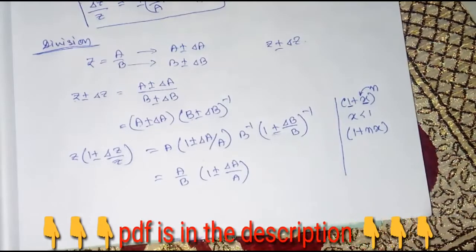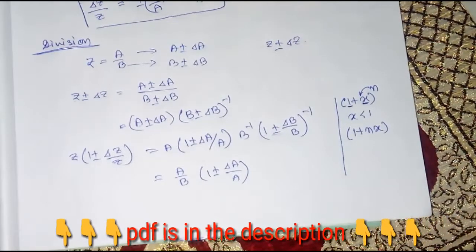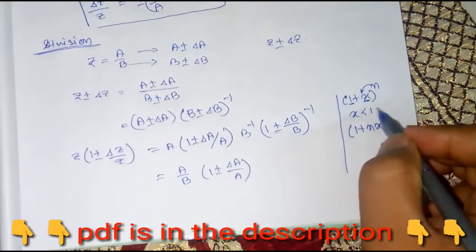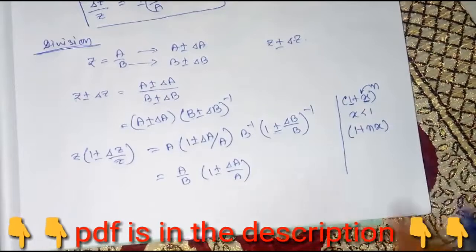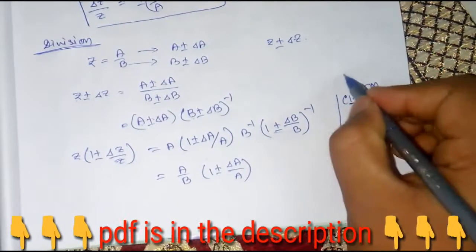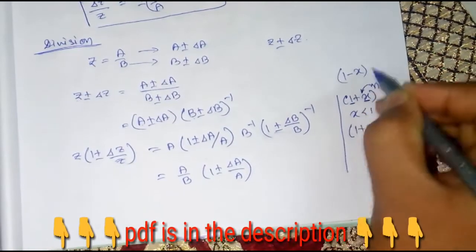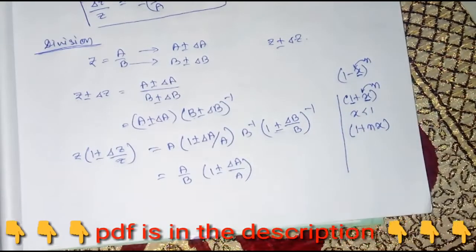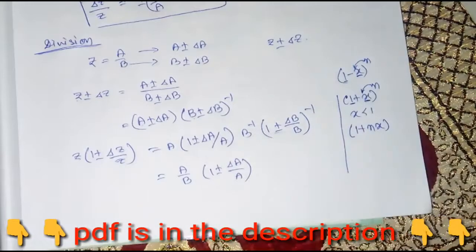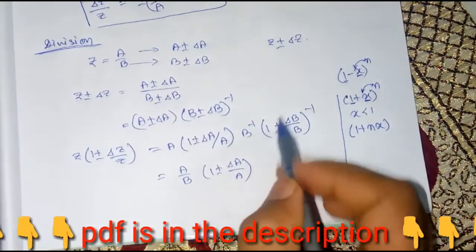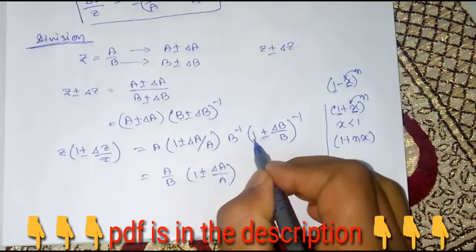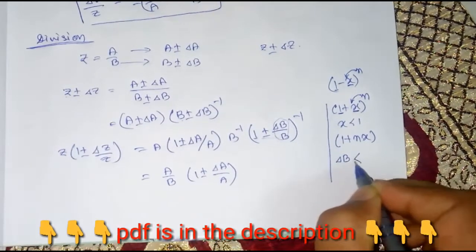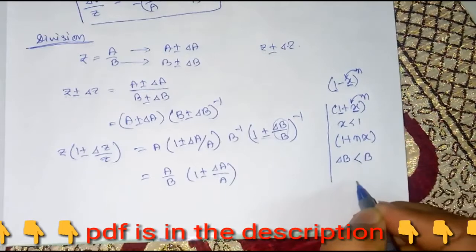You will learn that in your mathematics in future. So you have to memorize that if it is written 1 plus x or 1 minus x, the power comes in front of the x if x is less than 1 and the first value is 1. So here also the value is 1 and this value is less than 1 because the error is obviously lesser than the actual value, right?